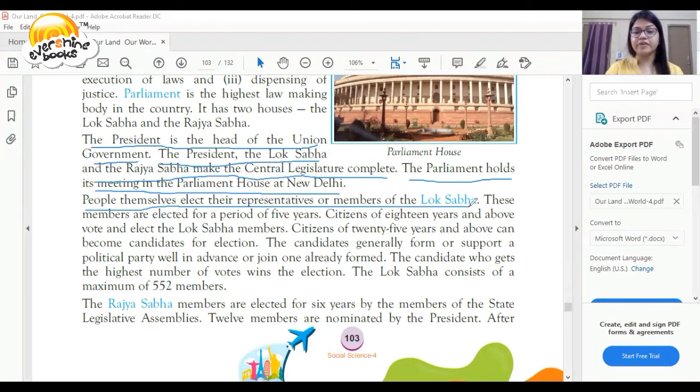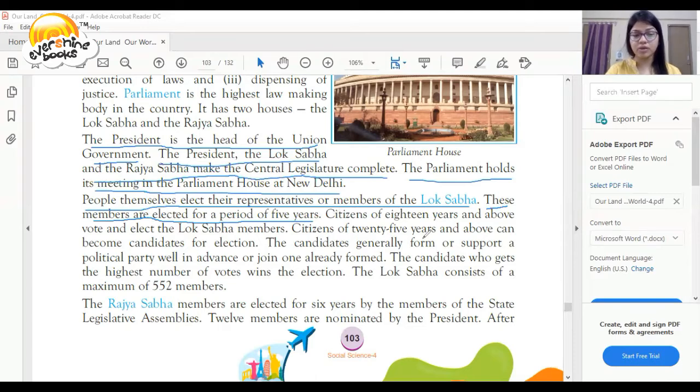People themselves elect their representatives or members of Lok Sabha. तो हम लोग खुद से अपने रिप्रेजेंटेटिव जो हमारी प्रॉब्लम्स को सेंट्रल के पास रखे, रिप्रेजेंटेटिव इलेक्ट करके लोकसभा में भेजते हैं. These members are elected for a period of 5 years. तो ये जो मेंबर्स होते हैं हर 5वें साल में चेंज होते हैं.